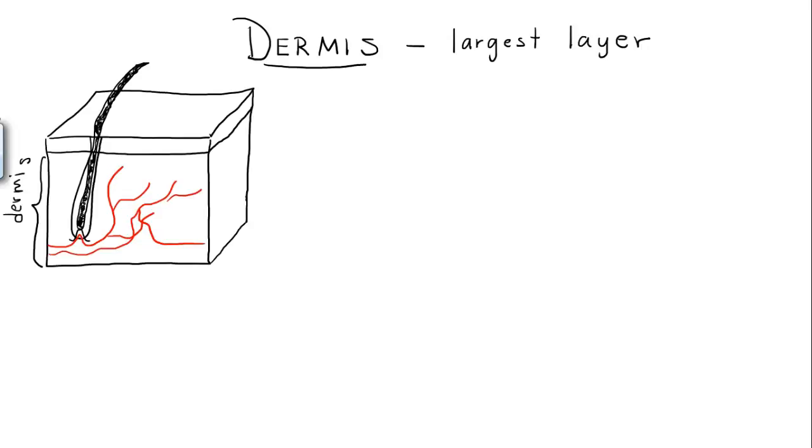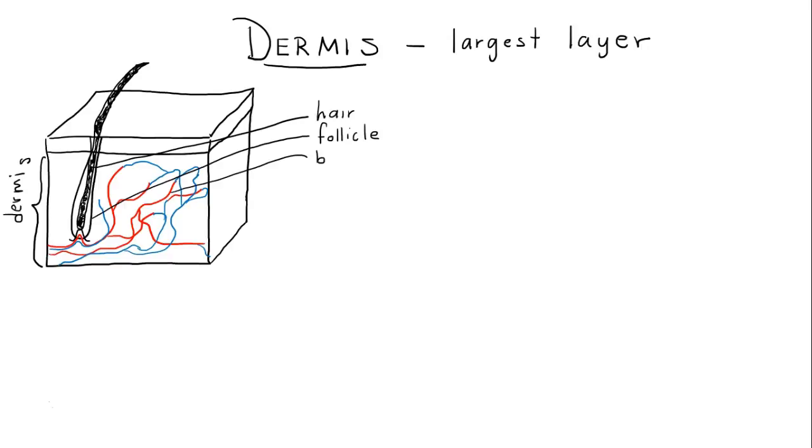Those will be little arterioles, and we have the venules, the small veins that permeate the dermis. So if you cut yourself and the cut extends down into the dermis, that is when you will bleed. If the cut only goes into the epidermis, then you will not bleed.